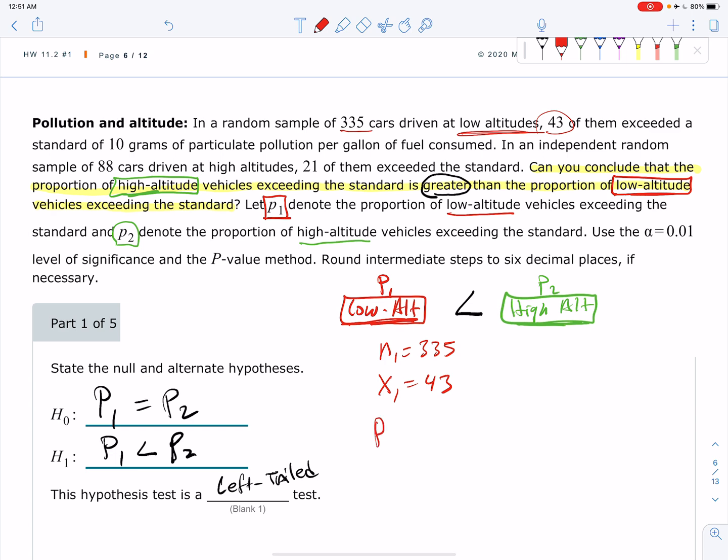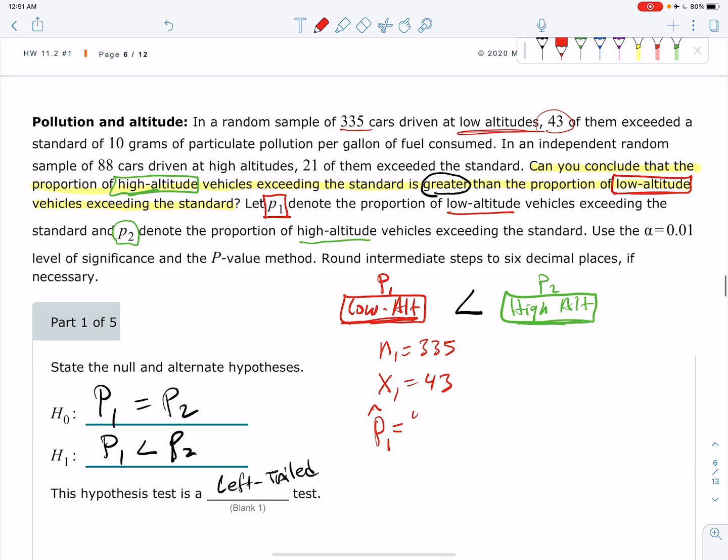So now I can get my sample proportion from the first sample, and that's just 43 divided by 335, which is approximately 0.1284.